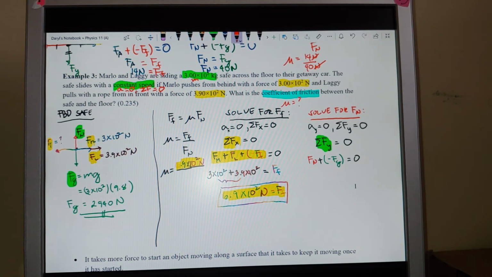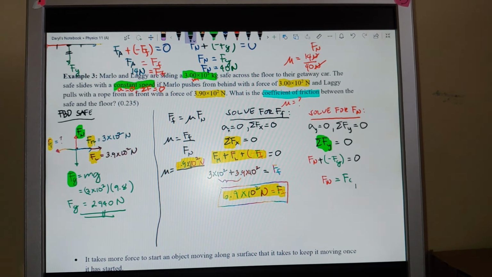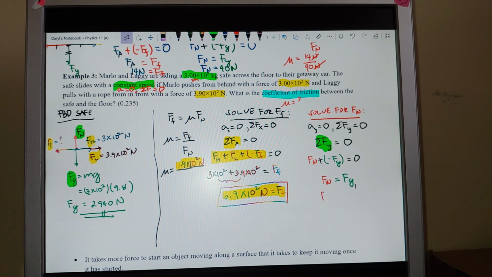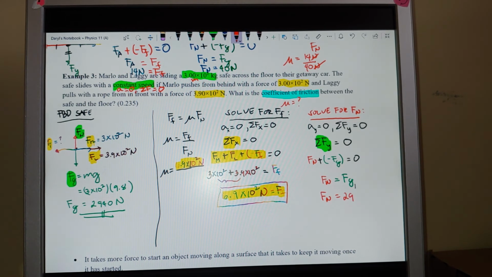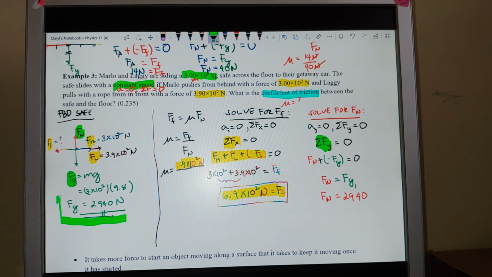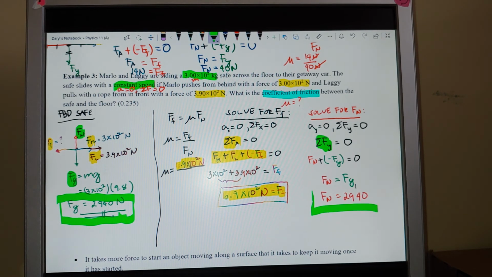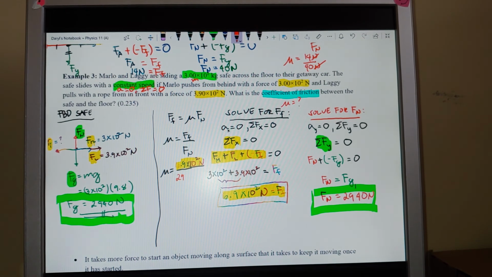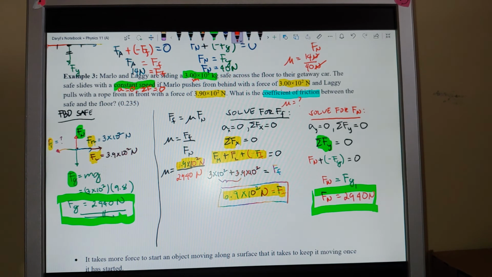So you can see here, Fn is just equivalent to Fg. So the normal force is just equivalent to Fg, which is 2940 newtons.